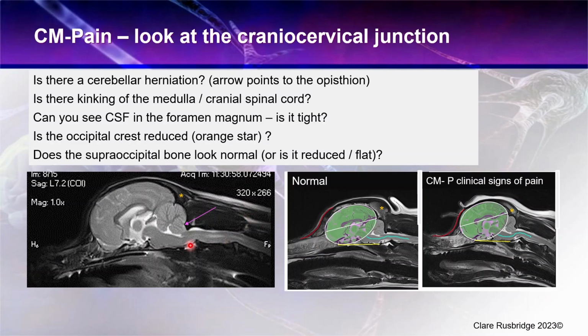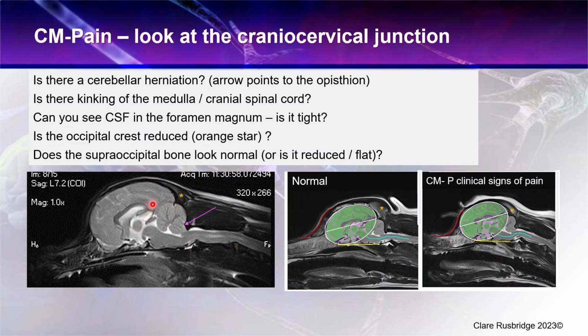The other area of confusion is that sometimes people think this down here is the end of the skull. It's not. This little tiny bit here is a membrane going between the end of the skull and the first cervical vertebrae, which in these dogs is much more vertical than you would expect normally. Normally it would be horizontal. So where I've got the pink arrow there, that is the bottom of the skull, or the top of the foramen magnum, and that is where we're supposed to have seen the cerebellum stop.